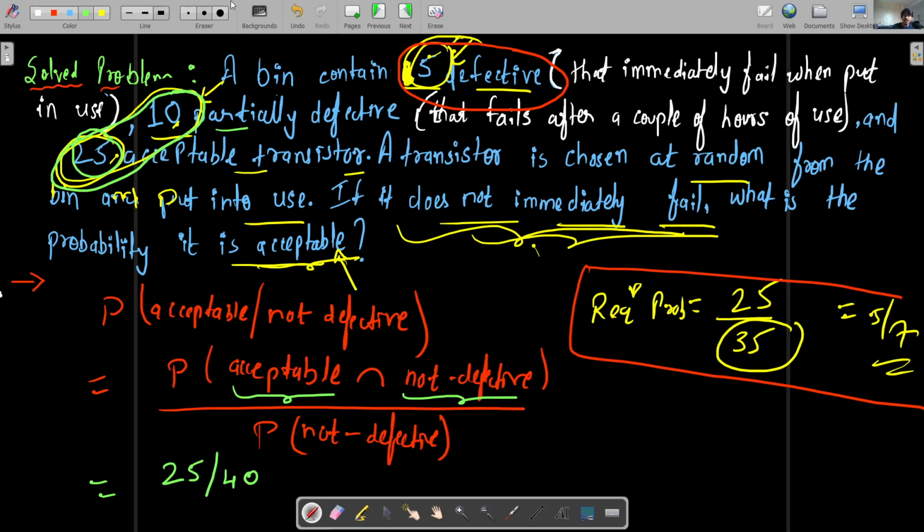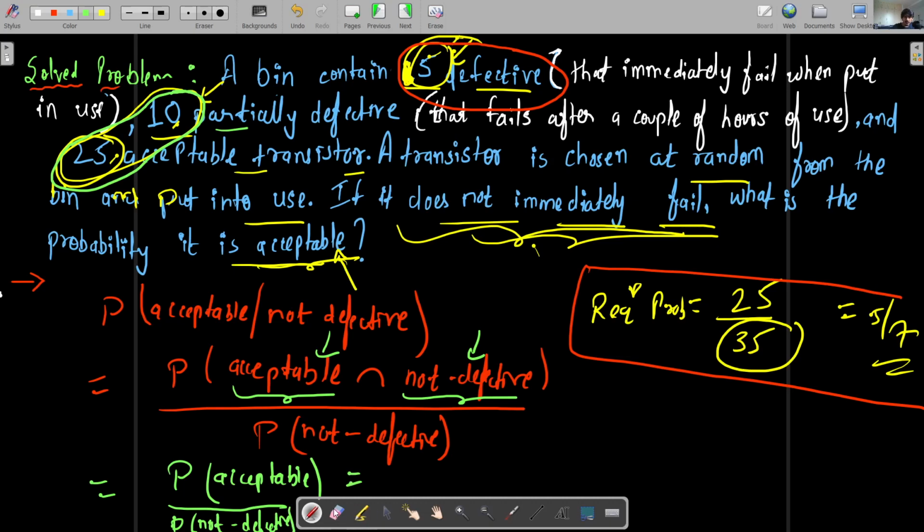Or let me put it the other way, if you didn't get this: these two conditions need to be satisfied at a time, and this will be satisfied only when the transistor is acceptable. So the probability of acceptable along with non-defective is equal to the probability of acceptable only, and still we have the same denominator. What is the probability of non-defective?